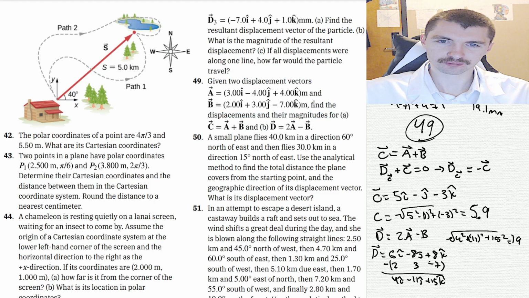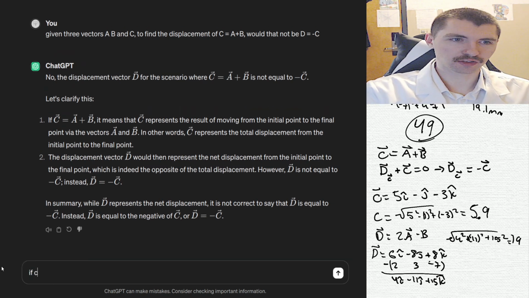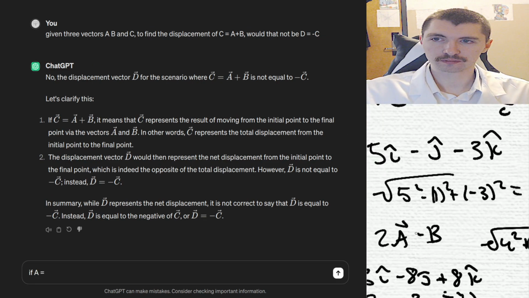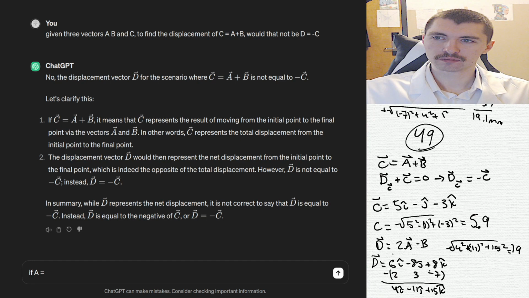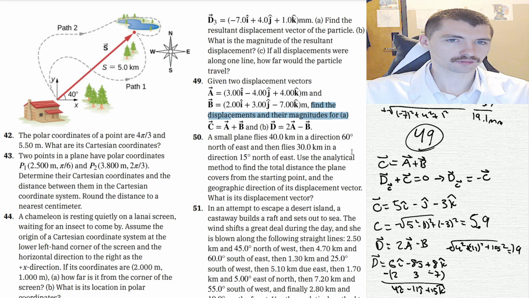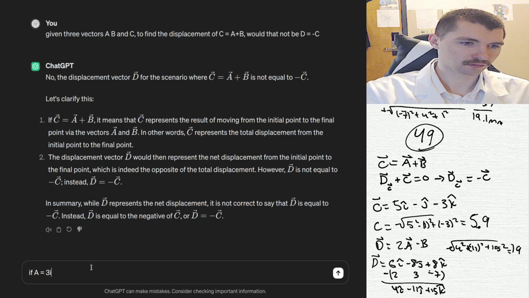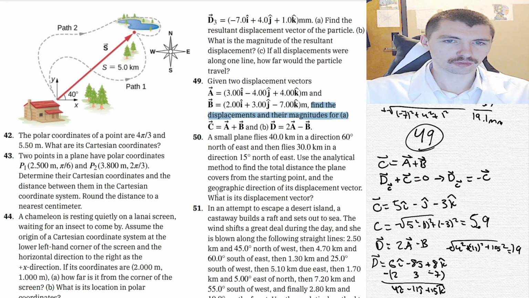So I want to just check if A is two, three, -7.